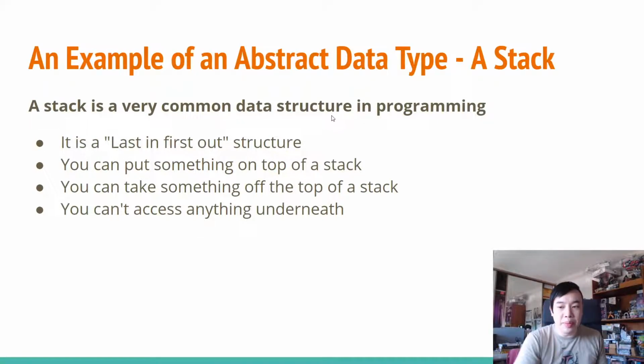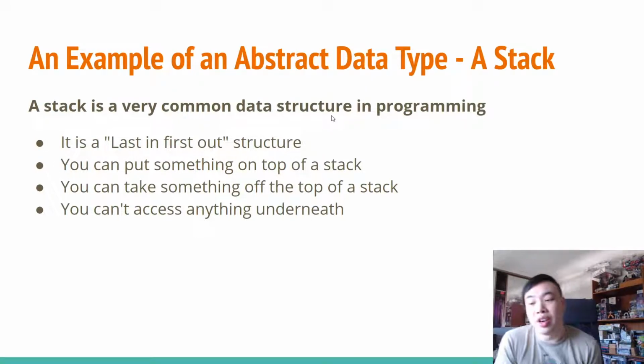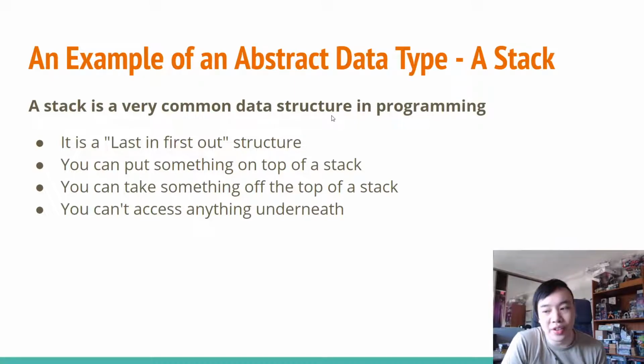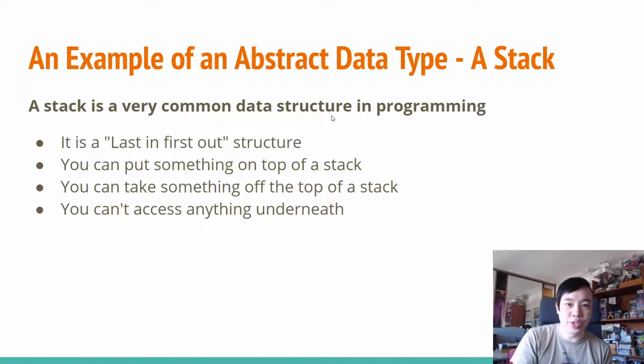For example, a stack is something that I call a last in, first out structure. This is a concept that you're going to see with other data structures as well. Last in, first out means that we can put things into a stack, but if we take anything off a stack, we're immediately going to get the most recent thing that we put in.